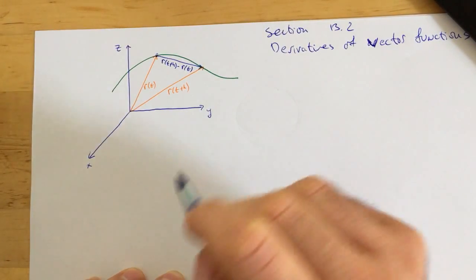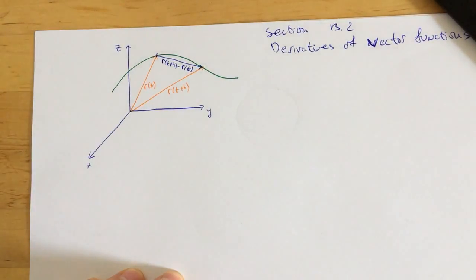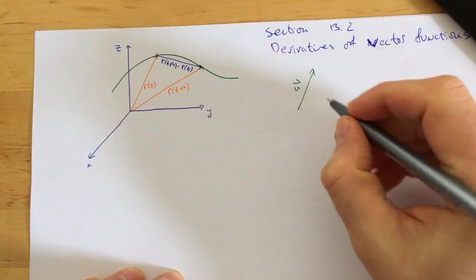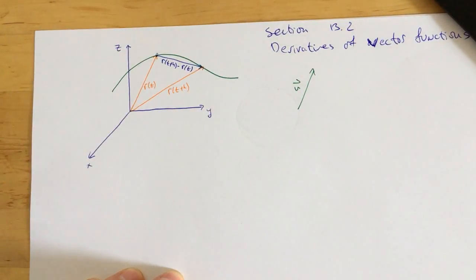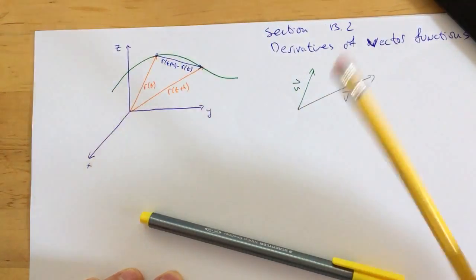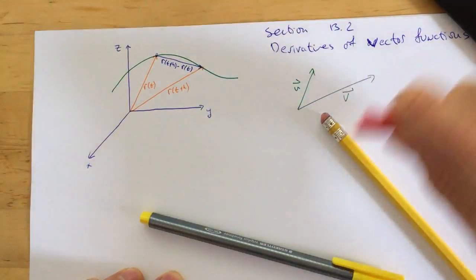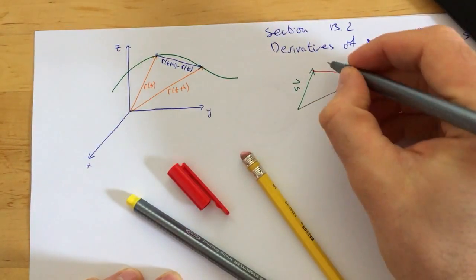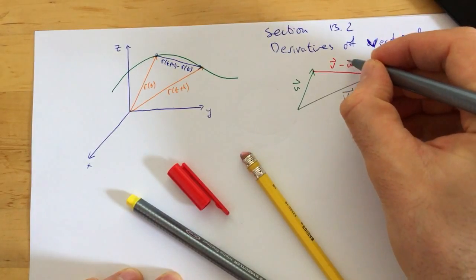First of all, I just want to remind you: if I have a vector u and a vector v, then the difference between these two vectors, v minus u, is this vector v minus u.